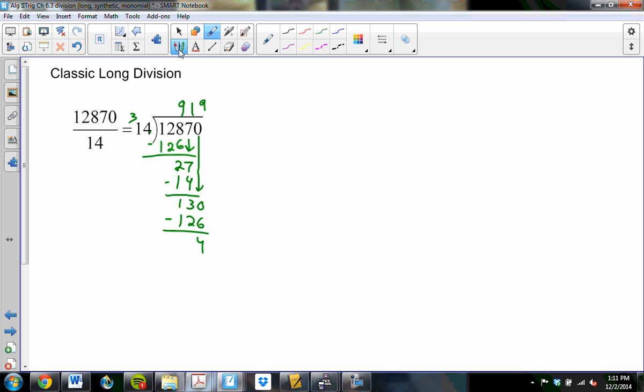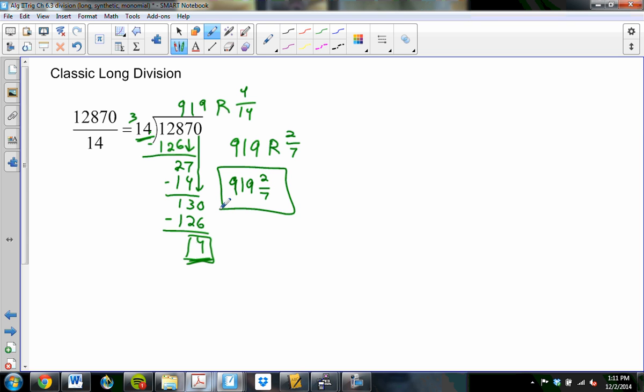But instead of getting a decimal, I could take this last number that I can put in that box, and my remainder is this number 4, divided by this number 14. 4/14, so my answer is really 919 with a remainder of 2/7, which is the same as 919 and 2/7. Whatever decimal expansion I would have got out here would have been the decimal expansion of 2/7.